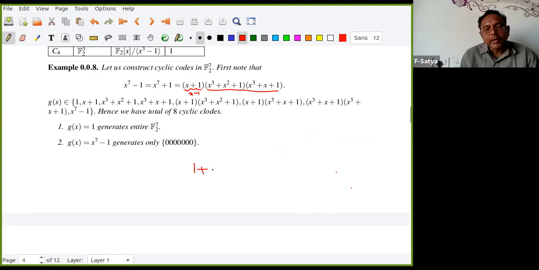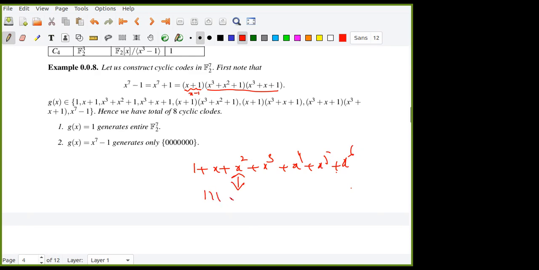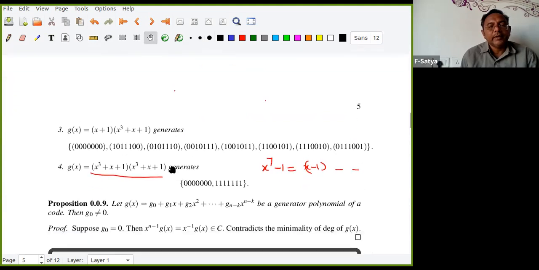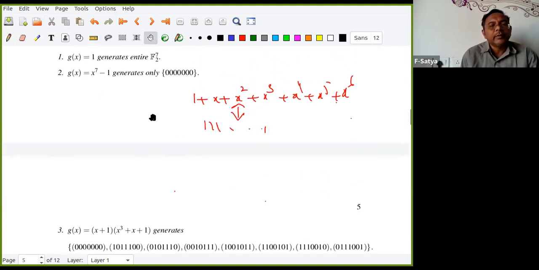Now tell me, what is the code word corresponding to x plus x square plus x cube plus x power 4 plus x power 5 plus x power 6? All ones, right? Good. So if I multiply this with x, what happens?